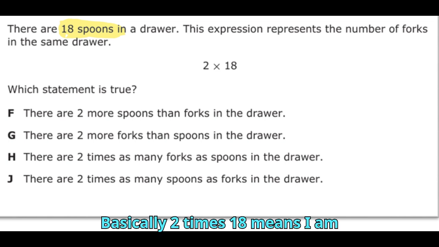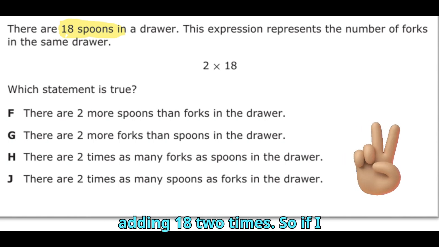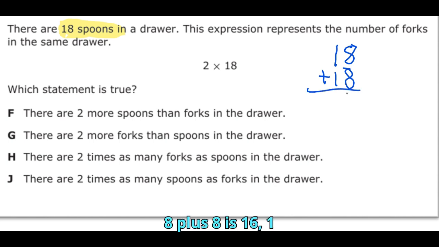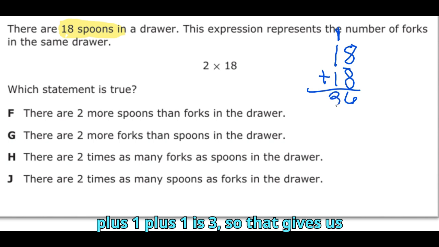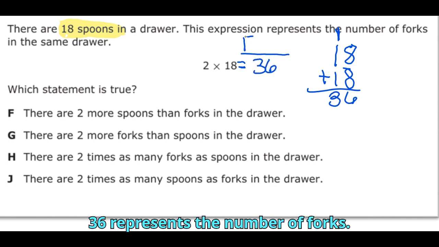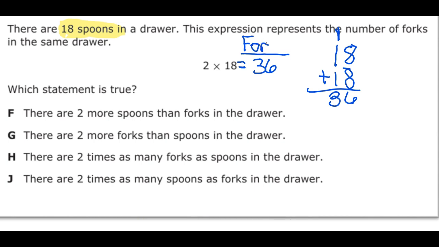Basically, 2 times 18 means I am adding 18 2 times. So if I actually add that, 18 plus 18, 8 plus 8 is 16. 1 plus 1 plus 1 is 3. So that gives us 36. 2 times 18 equals 36. That 36 represents the number of forks.